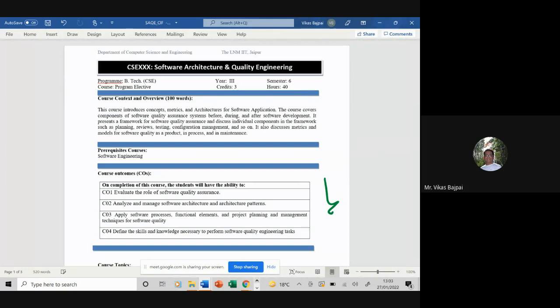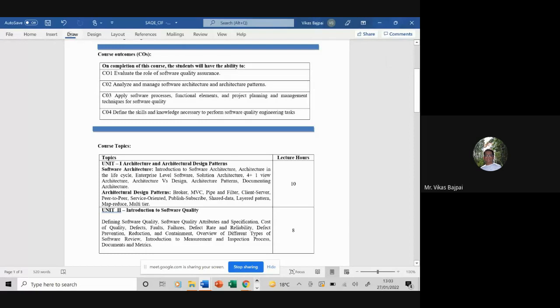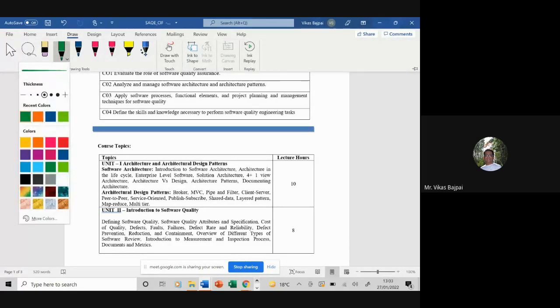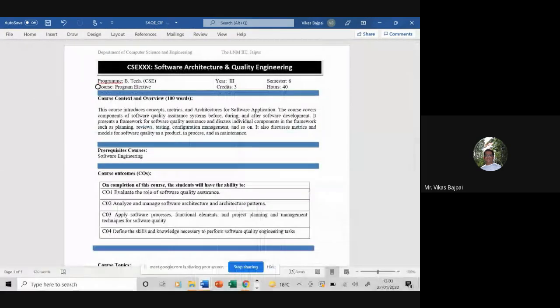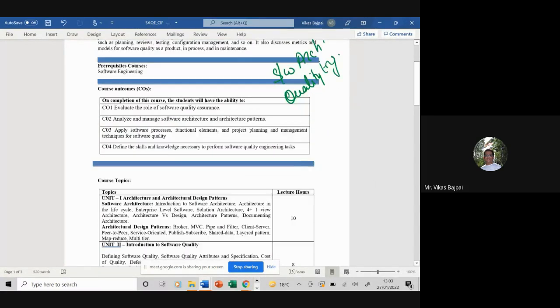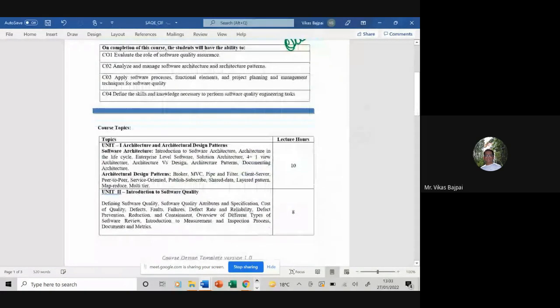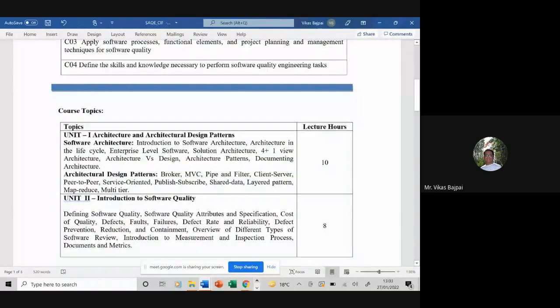So our focus primarily will be on your software architecture part, right? And then we'll focus on quality engineering. The initial part is going to be very interesting, where in our unit 1 we'll be dealing with architecture and then architectural design patterns.